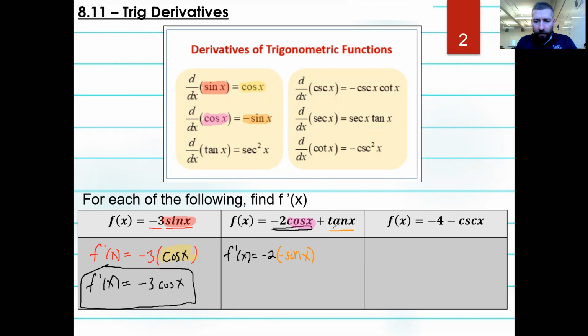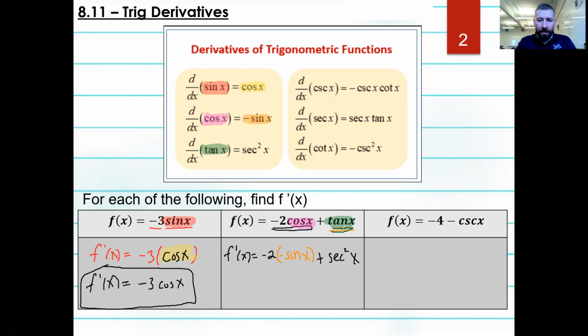But now we're also going to take the derivative of tangent. So let's see, what is the derivative of tangent of x? Let's use our reference sheet again, and we can find tangent right here, and the derivative of tangent is secant squared. So that tangent of x is going to turn into secant squared of x.